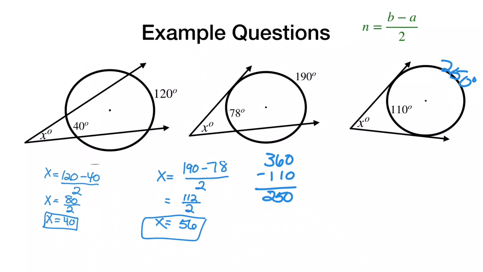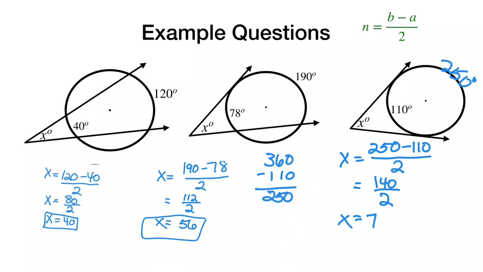So once you know the measure of that outer arc, it's just like the other examples. X will be 250 minus 110, big arc minus small arc over 2, and that will be 140 over 2, which means the x will be 70.